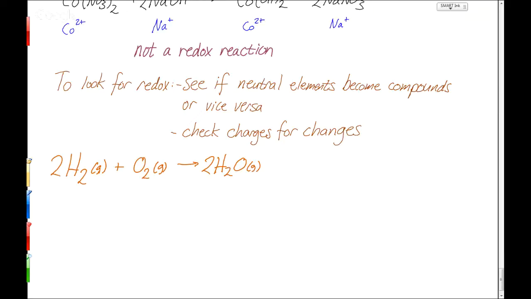And that makes it a redox reaction. So by seeing neutral elements right here, we can say, yes, this is a redox reaction. Electrons are moving around from one side to the other.